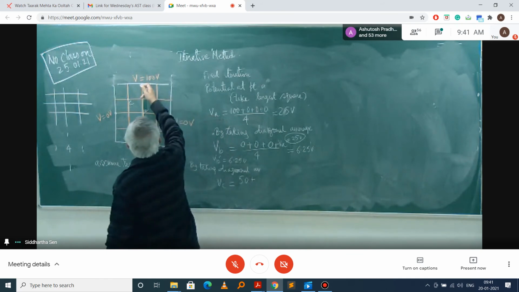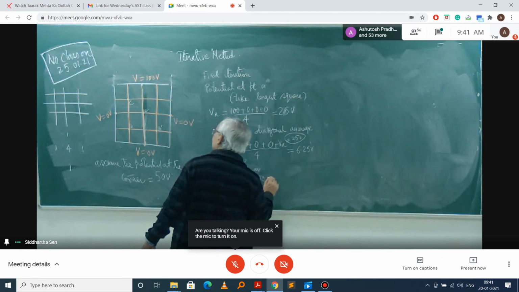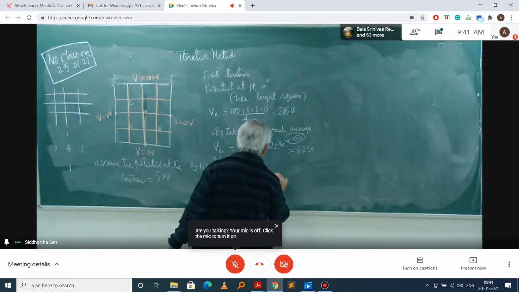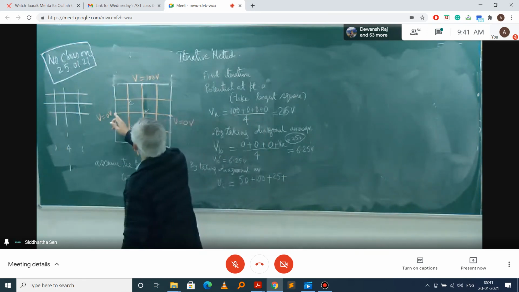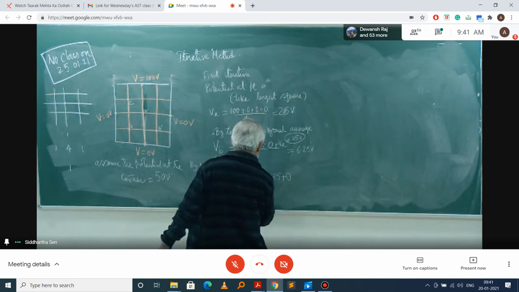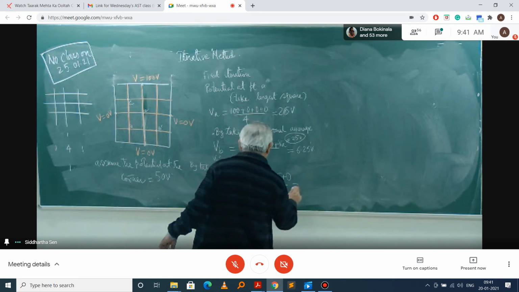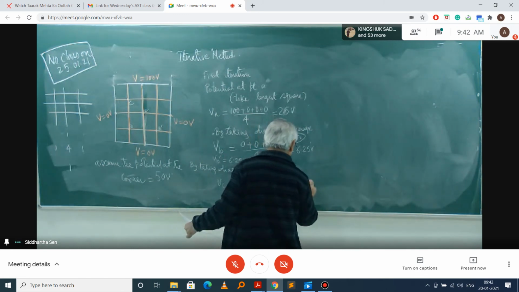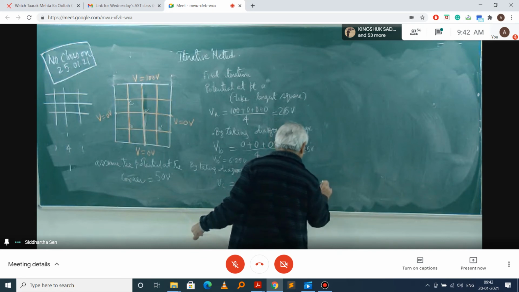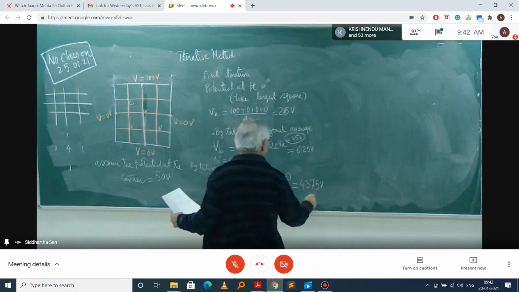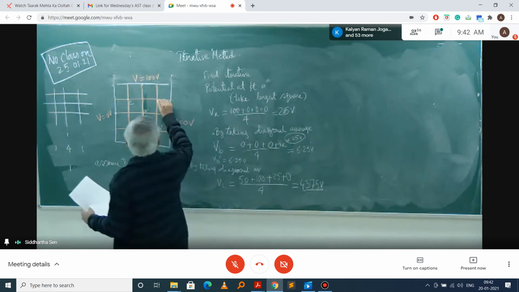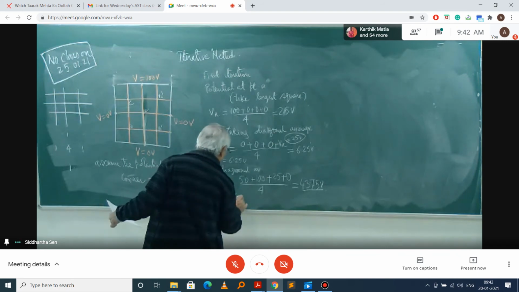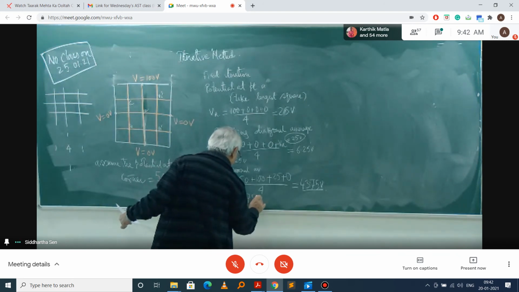Next, this point is 100 volt. Then next point is A point. A point is 25 volt. And this one is your 0 volt here. Divided by 4, this comes to be equal to 43.75 volt. Okay. So this is your 43.75, and VC dashed is also 43.75 volt. Okay.